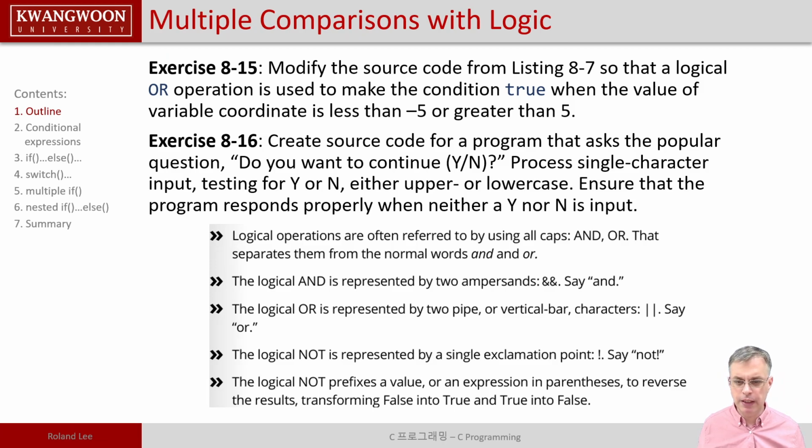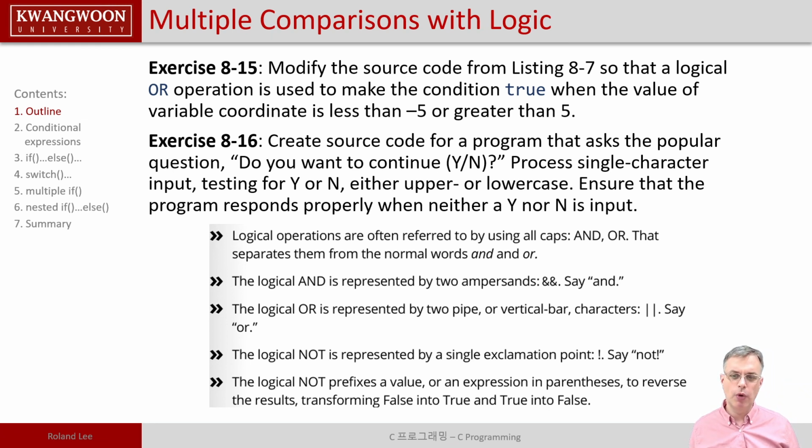Now what we see here is the following. Logical operations are often referred to by using all caps AND or OR, which separates them from the normal word and or. The logical AND is represented by 2 ampersands. So say AND.